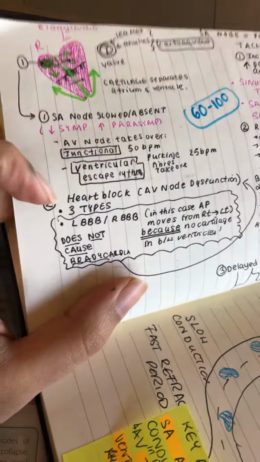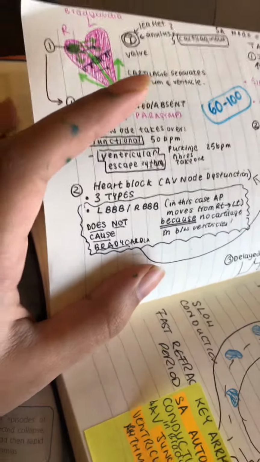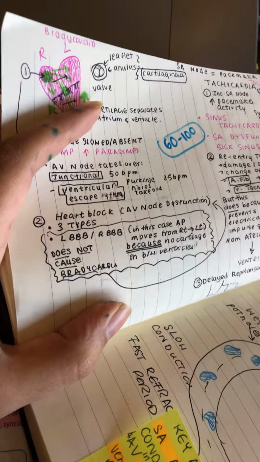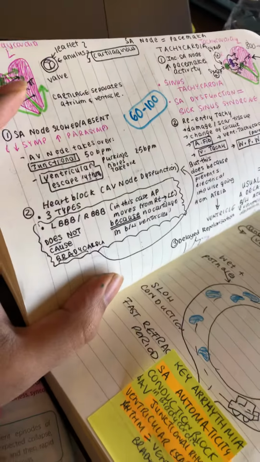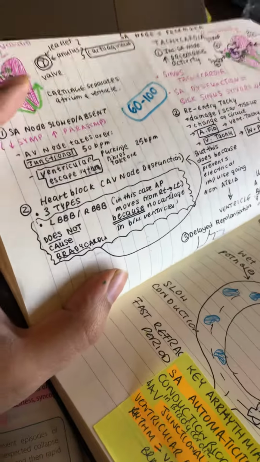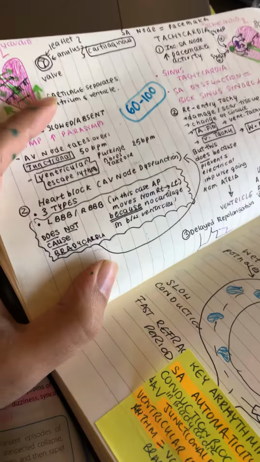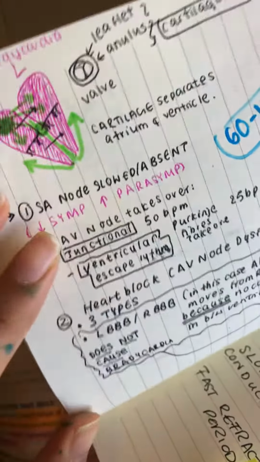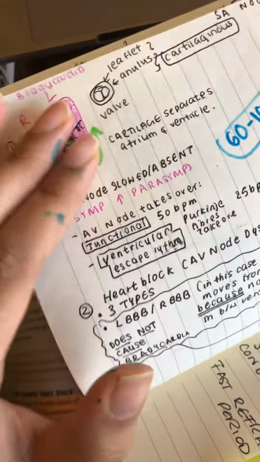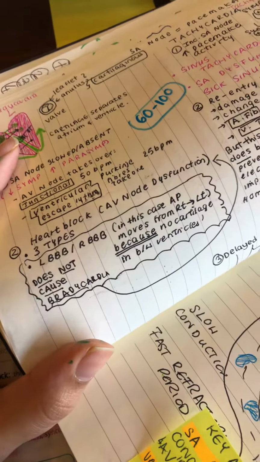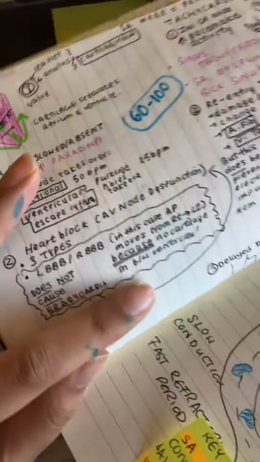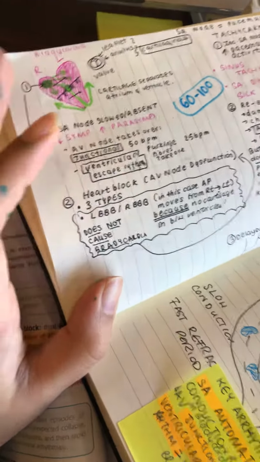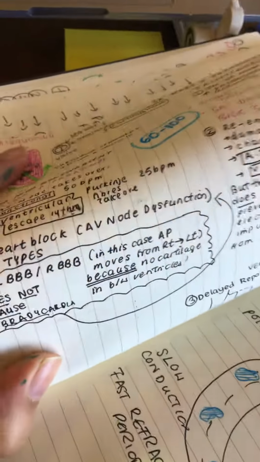Because if you have a left bundle branch block, let's say this one doesn't work, the left ventricle is going to have to rely on the right bundle branch to give depolarization, and it's going to have to wait for the depolarization to spread over. Because there's no cartilage between the ventricles, you can rely on that. This does not cause bradycardia. Bradycardia is when there's a slowing between the atria and the ventricles.